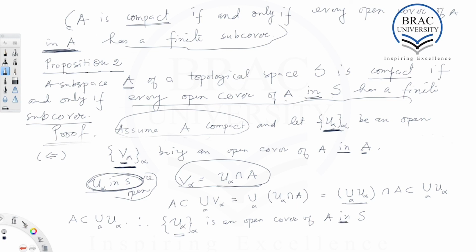And by assumption, every open cover of A in S has a finite subcover, right? And there exists a finite subcover, which is this, such that A is contained in this finite subcover, according to the assumption.